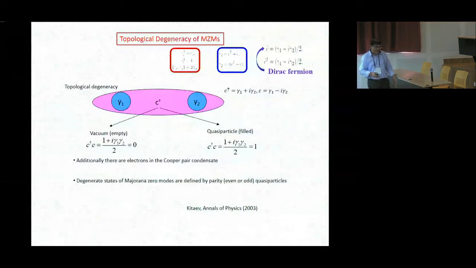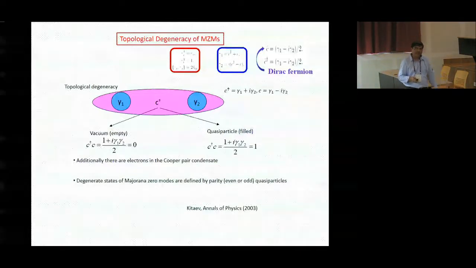That basically tells you that you can view a conventional Dirac fermion as a linear superposition of two Majorana fermions. It's just a change of basis. Instead of calling the operators C and C dagger, we call them gamma 1 and gamma 2. But these Majorana fermions are tightly bound spatially onto the same Dirac fermion. So the question is, can you physically, spatially separate them?